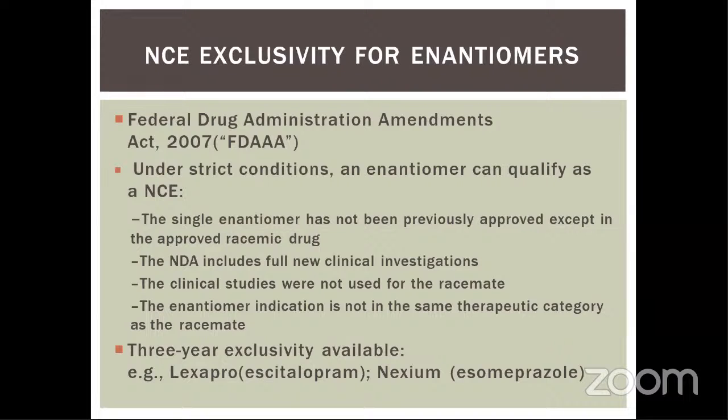We can also call an enantiomer a new chemical entity, but under strict conditions: the single enantiomer has not been previously approved except in the approved racemic drug mixture, the NDA includes full new clinical investigations, the clinical studies are not used for the racemate, and the enantiomer indication is not in the same therapeutic category as the racemate.